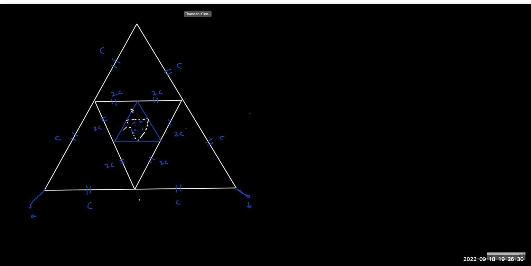And then this will become 4C, 4C, 4C, 4C, like this, and this will continue infinitely, for infinite time. So can we find the answer for the C equivalent? Is it a symmetrical circuit? Yes or no? Yes, sir.